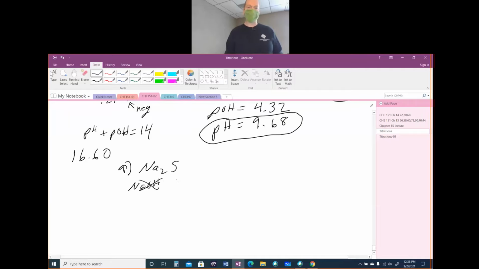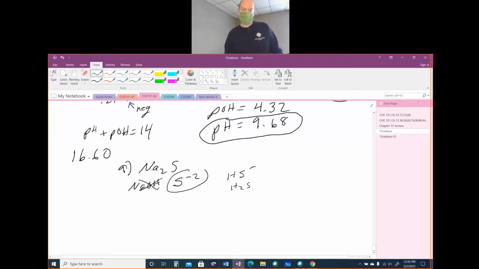It's always neutral. Now we're looking at S minus 2. We look at the conjugate acid. So you can look at the conjugate acid, HS minus. That is not a memorized strong acid, and neither is the H2S, the one where it's differing by 2 H pluses. Since this is a weak acid and not a strong acid, remember the weaker acid has a stronger conjugate base.